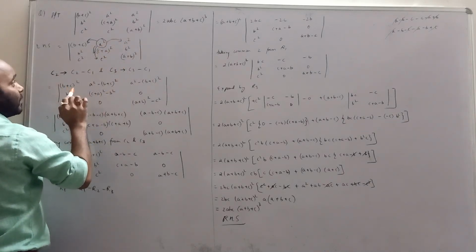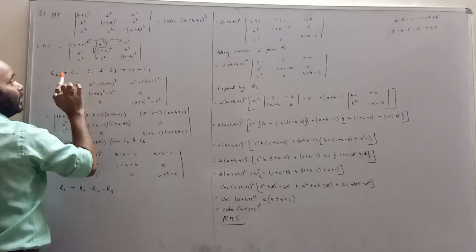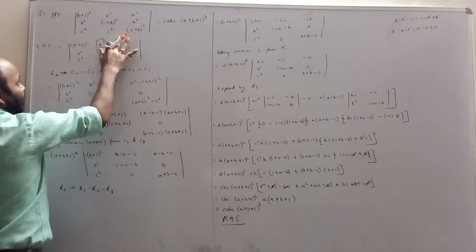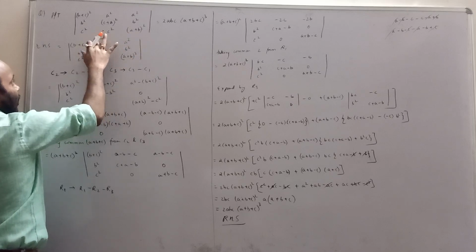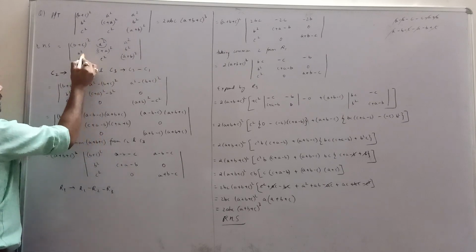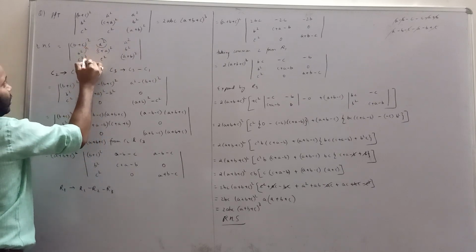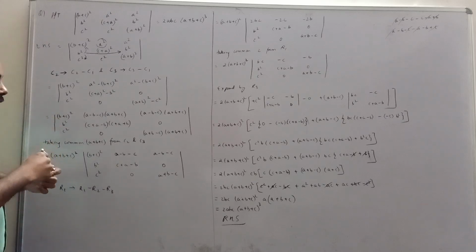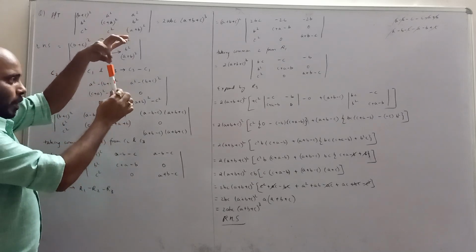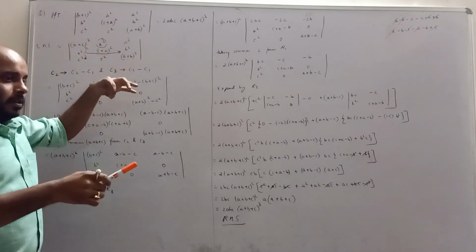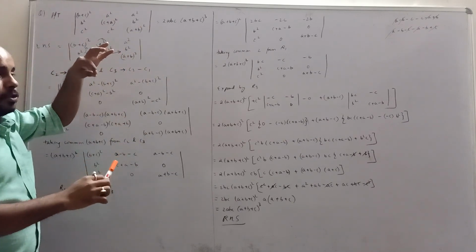You understand what I'm saying? Knowing these things, this video will be long, because lots of things you need to understand here. Similarly, for this b square, look above, look below and look at the side. What I am saying is that you have an element; look above and below it, and look at its side. You don't have to see the whole determinant. Where you can see the like terms, that's the job.